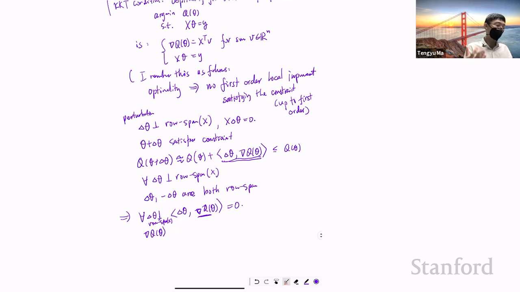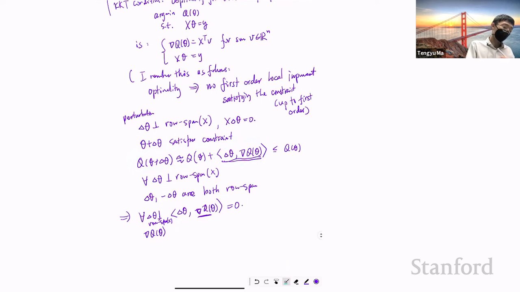Because if it makes the function bigger, it means that this point is not optimal. So that's why you look at the Taylor expansion of this Q, and you found out the first order change is this term, and you want this term to be always non-positive, because if it's positive, then it violates the optimality assumption.